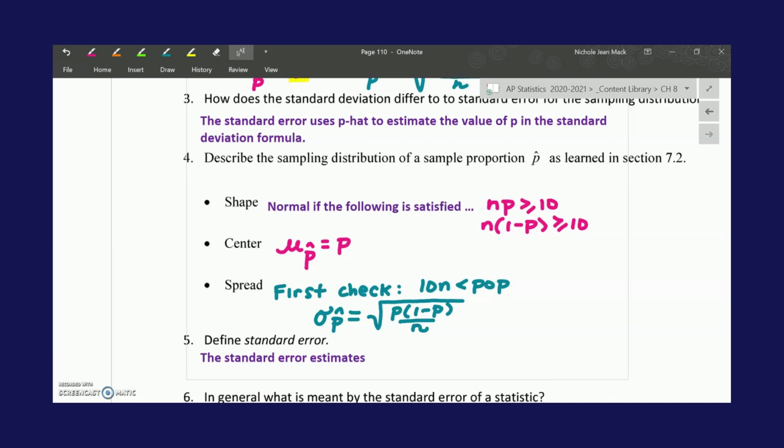estimates the standard deviation of a sampling distribution by using sample data in the calculation.